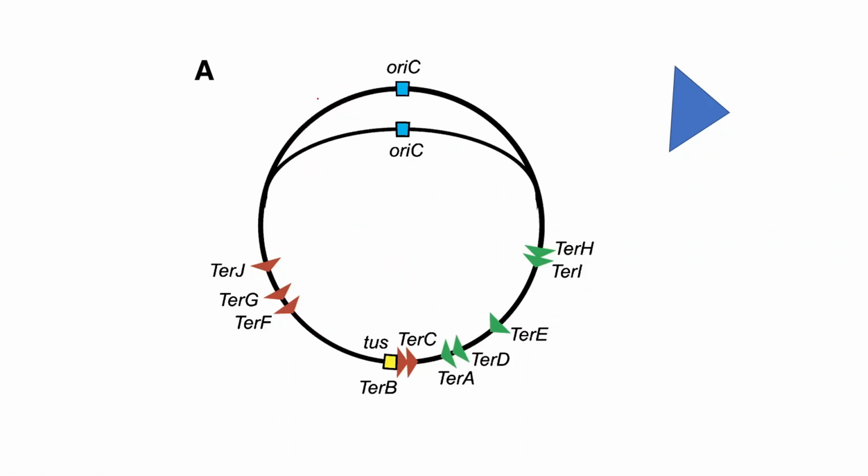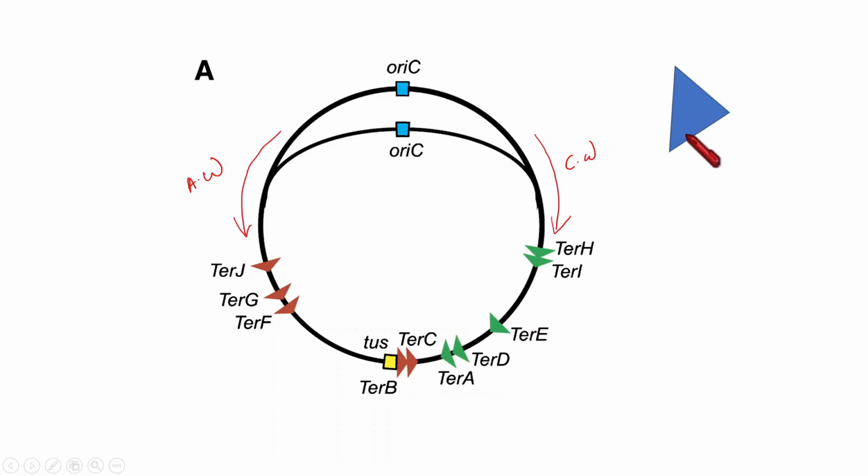Because we have seen that the fork's movement takes place in opposite directions on each side, clockwise and anti-clockwise. And here we can see some ter sequences like ter J, ter G, ter F, ter B, and here ter A, D, E, then ter I, H.